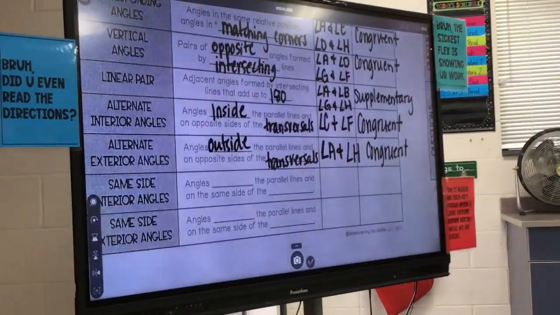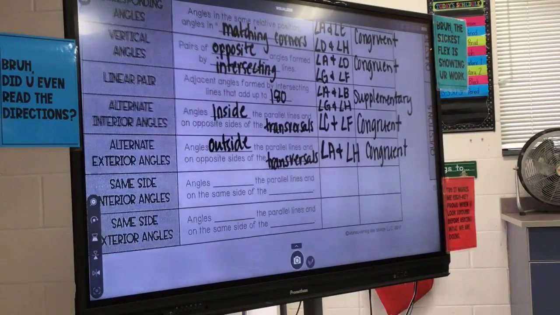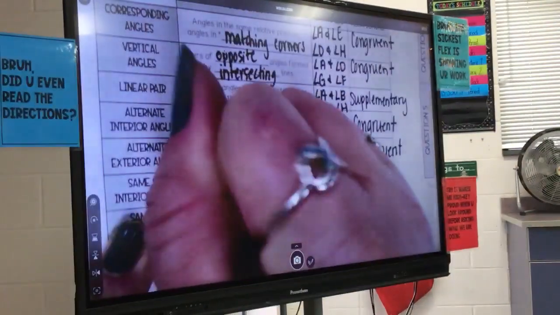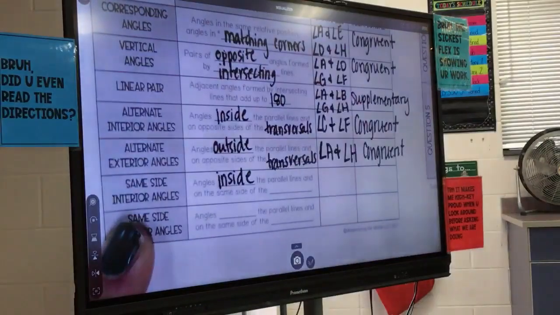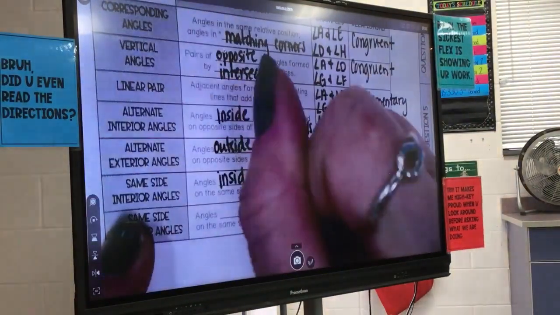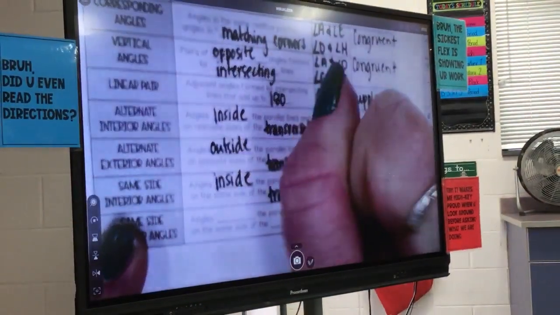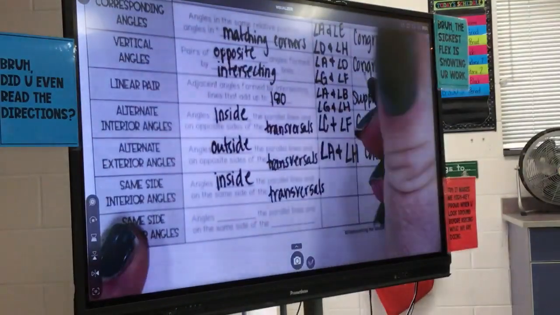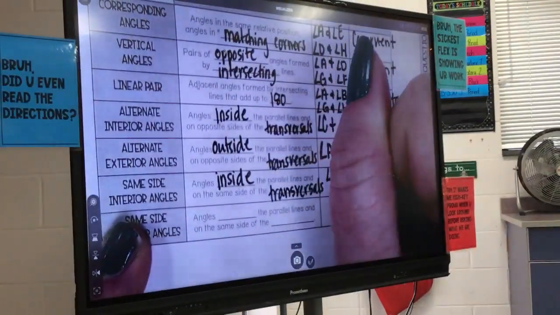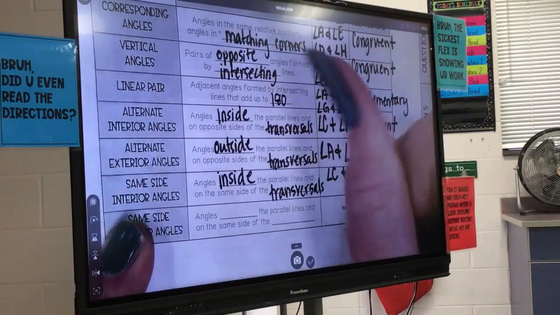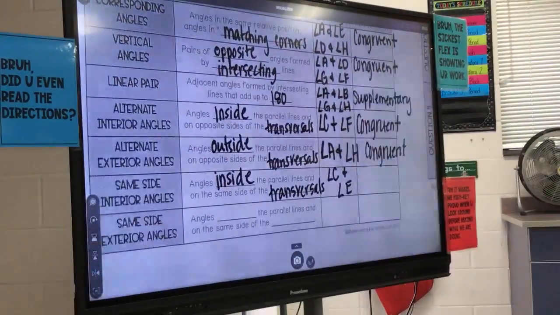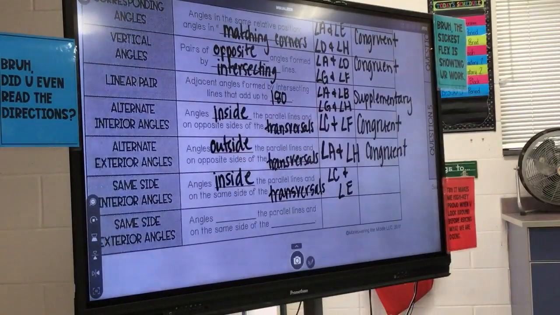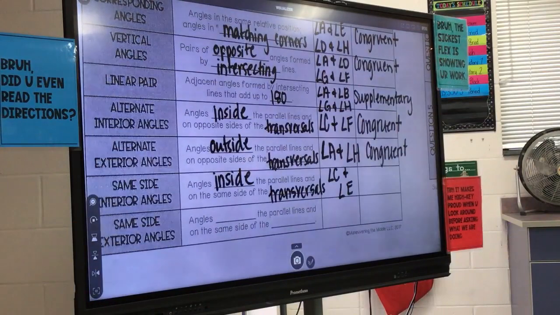All right. So same side interior angles. So these are angles inside the parallel lines and on the same side of the transversal. And an example of this would be angle C and angle E. So looking at angle C and angle E, are they congruent or are they supplementary?